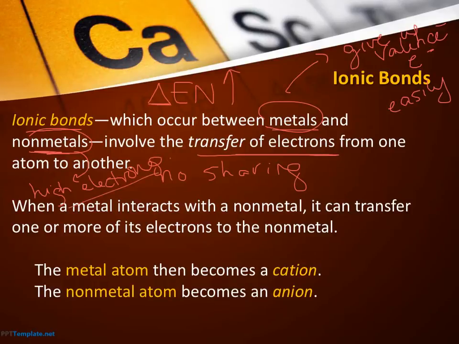So it's kind of a match made in heaven. Metals give them up and nonmetals accept them. So any atom that gives away an electron takes on a positive charge and becomes a cation. Any atom that accepts an extra electron takes on a negative charge and becomes an anion.